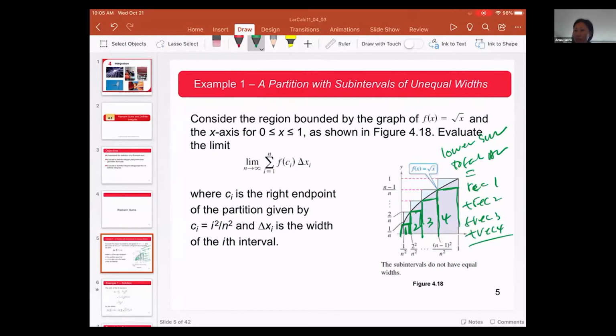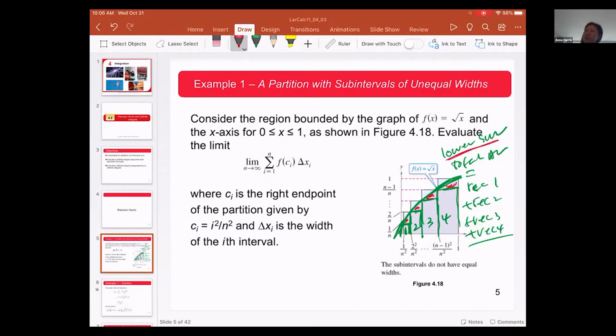But this time our lower sum is smaller than the real area, because the true area is this curve. But as you can see, there's a small part that is not contained. Those parts are not calculated with our rectangles. Our rectangles are smaller than the true area. So that's why it's called lower sum.